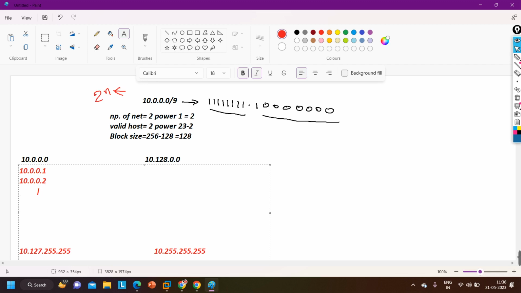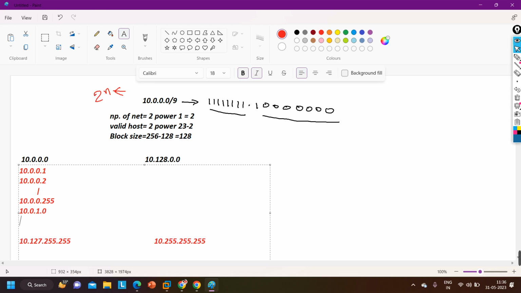Oh, it's gonna be a lot. Like this. Some network will be 10.0.0.255. After that, 10.0.1.0.